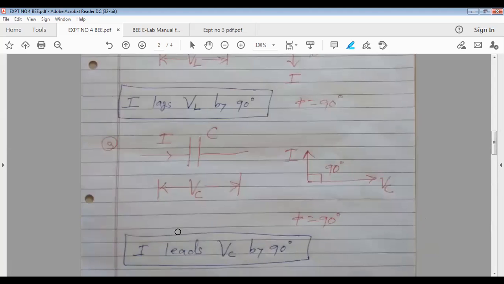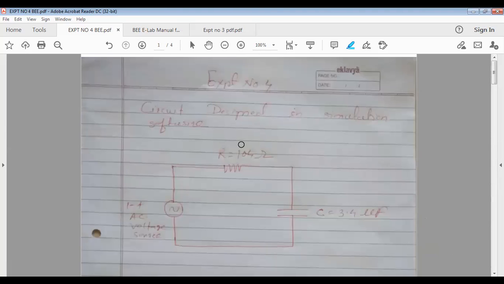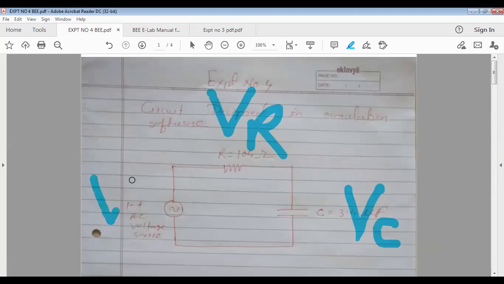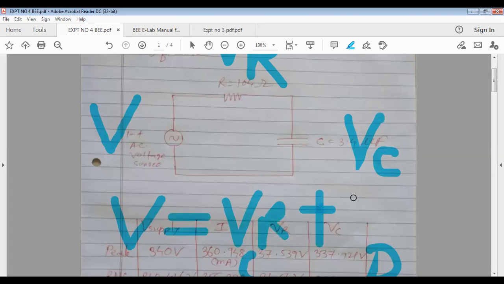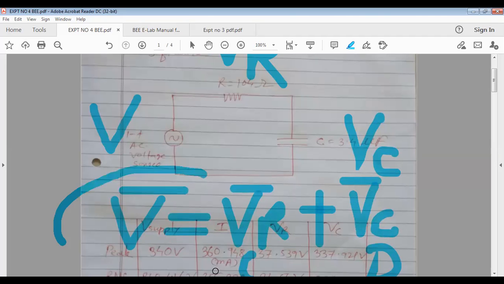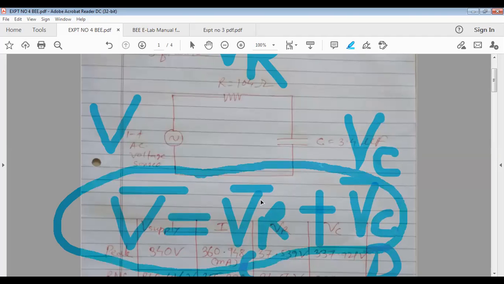Now in the circuit, if you observe, the voltage drop across resistance is VR, the voltage drop across capacitance is VC, and the supply voltage is V. As it is an AC circuit, what equation can you write here? V is equal to the phasor sum of VR and VC. This is the equation you have to write for AC. All these things you will learn in detail in the second unit.